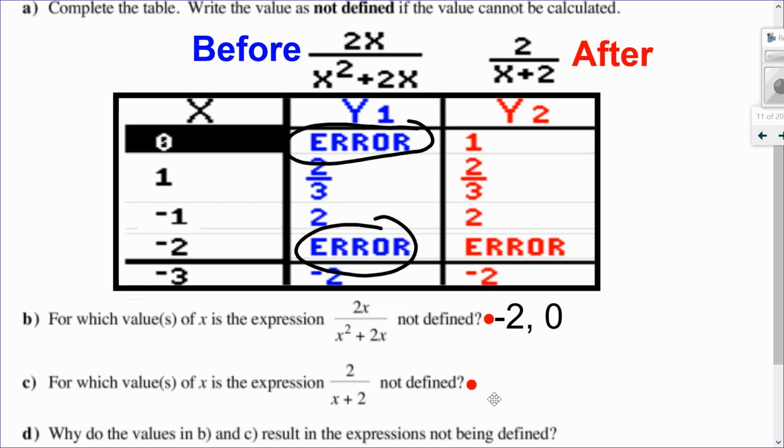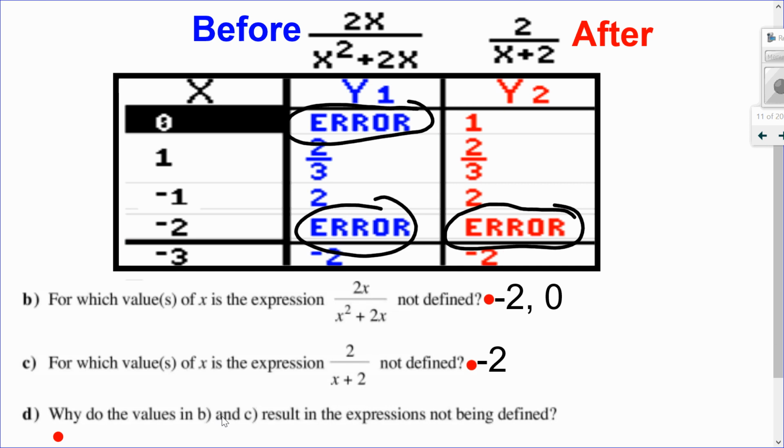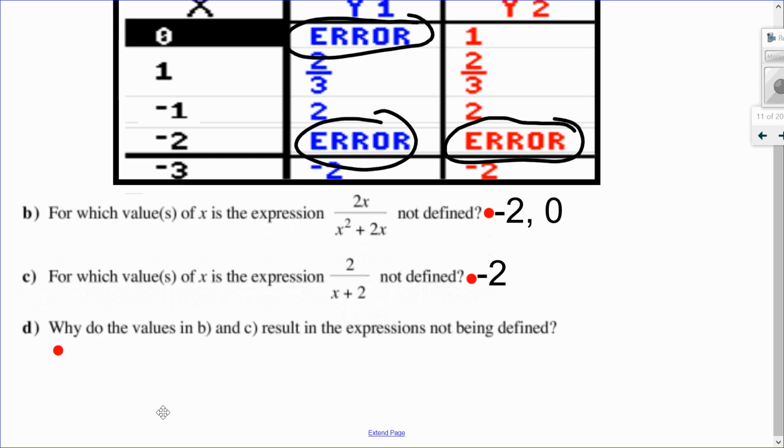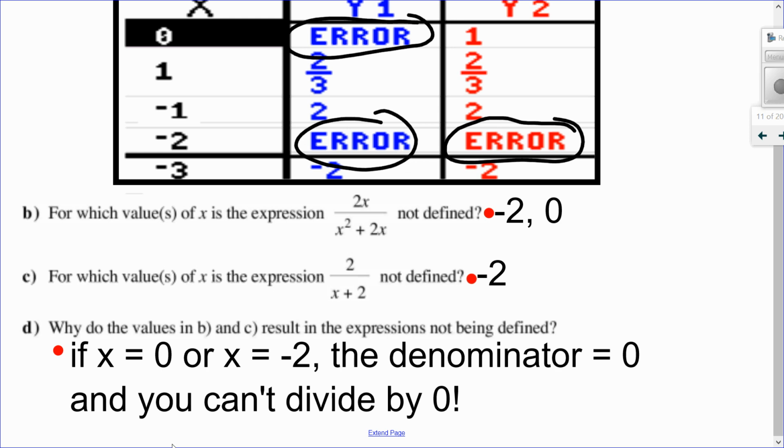But look what happens after I simplify. After I simplify, I only have one error message, and that happens when x is negative 2. The reason that the values in B and C result in expressions not being defined is because we can't divide by 0. So if x was 0 or negative 2, the denominator would equal 0, and you can't divide by 0.